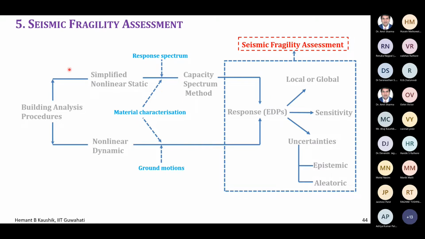Finally, we obtain the seismic fragility considering the local or global EDPs, the sensitivity, and the uncertainties. This is what is required for a complete fragility assessment. But people generally don't do this analysis. They assume some uncertainties, consider some sensitivity, and directly obtain the seismic fragility.